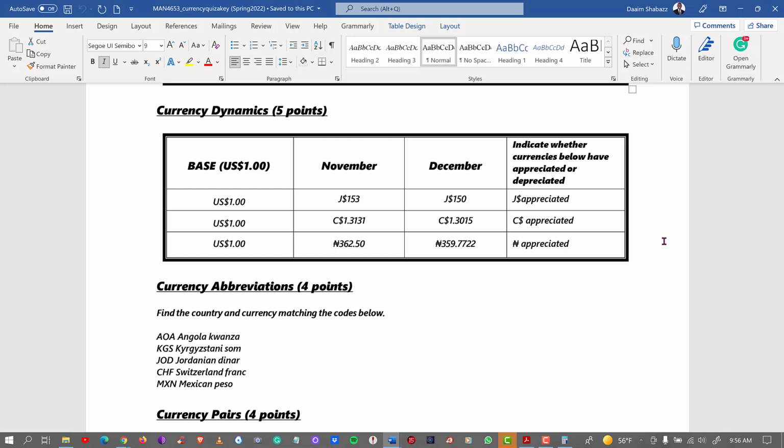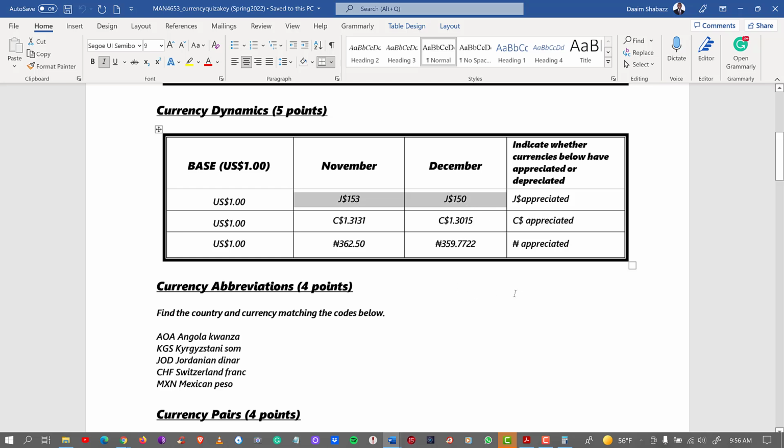There's a way to think about this. You're not just looking at this number versus this number, because obviously, if you look at the quantities of Jamaican dollars from November to December, this has gone down. So you would think that, okay, that has depreciated because the number has gone down. That is not the way you look at this quote.